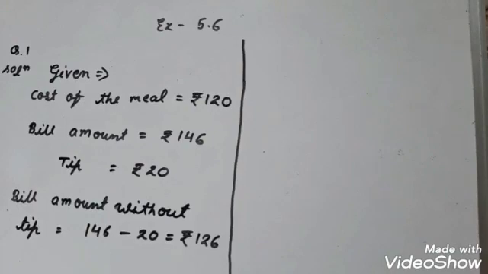Now we know one thing, that in the amount which is paid by the customer, cost of the thing and tax is included. So if we subtract the cost of the meal from bill amount paid by the customer, we will get tax.